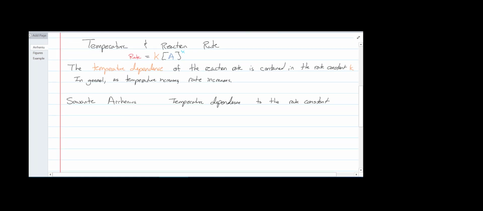So the rate constant K is equal to this thing we're going to call A, times e to the negative Ea divided by RT.